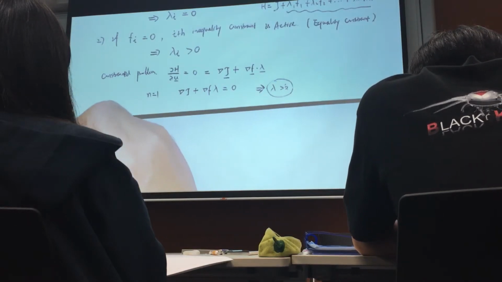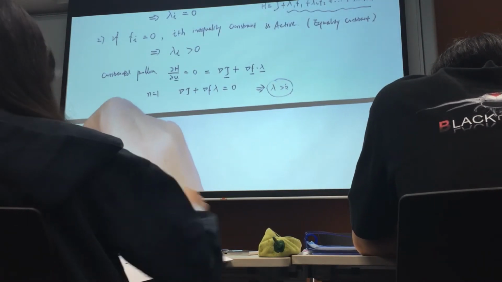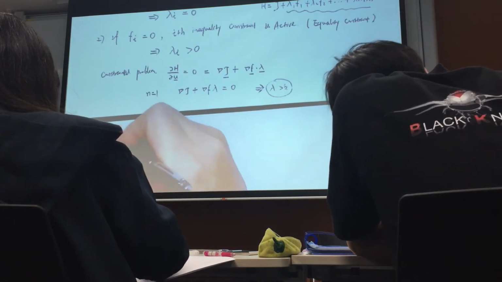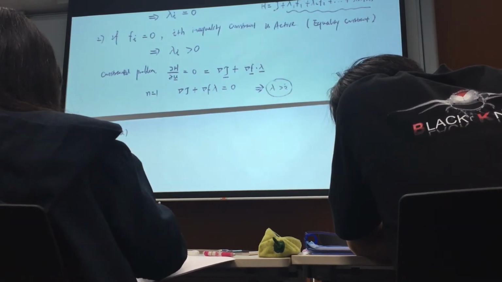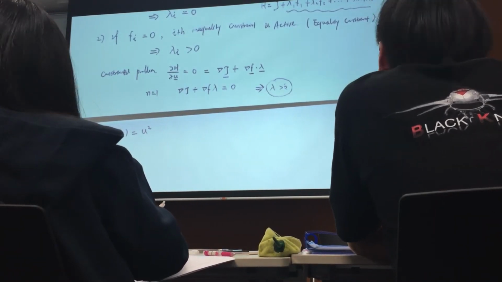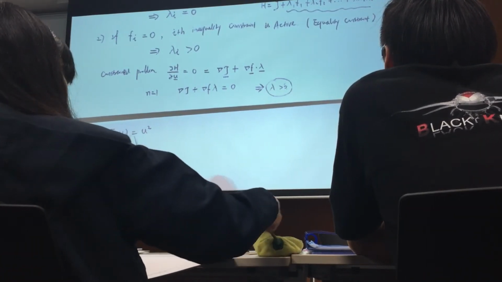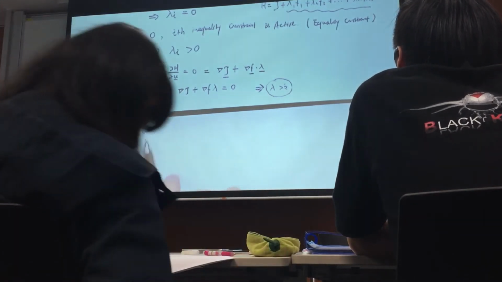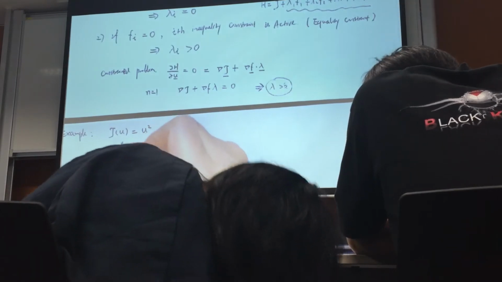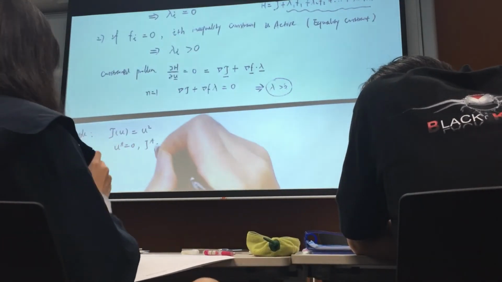We just use a simple example to illustrate the idea. Assume we define J(U) equal to U squared. We know the global solution for this one will be U star equal to 0 and J star equal to 0.